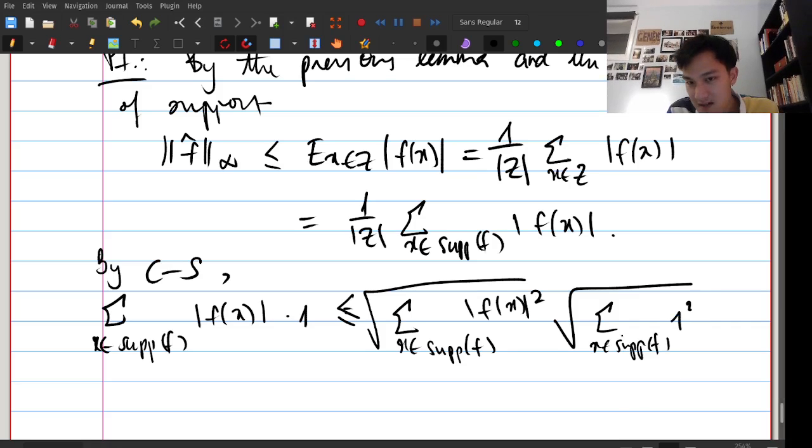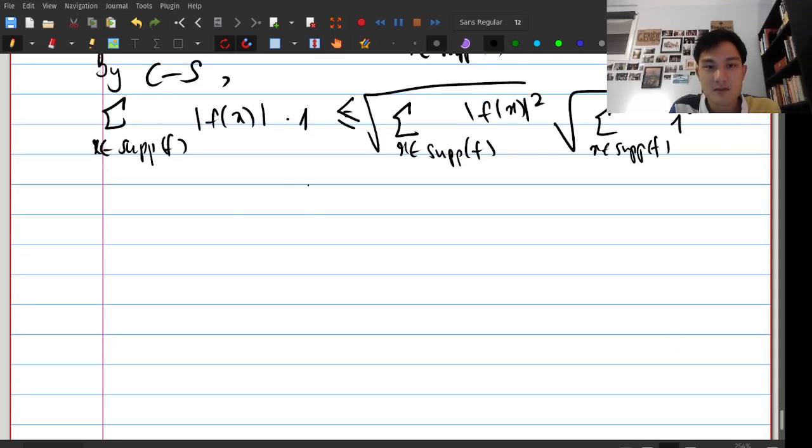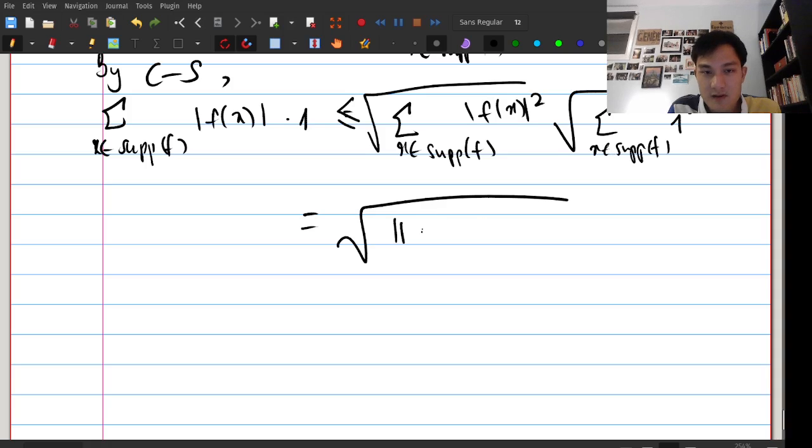But this is just the size of the support of f, so that's equal to the big square root of the sum, times the square root of the size of the support of f, the 0 norm of f, kind of, and then the rest is the same.